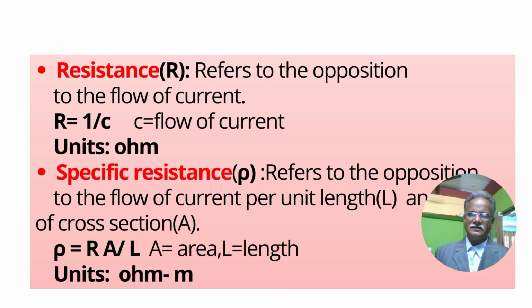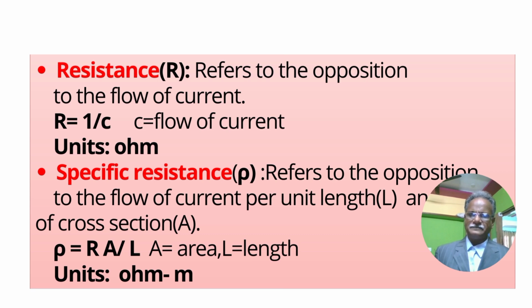That means reciprocal of flow of current. Mathematically, it can be represented as R is equal to 1 by C. We have to understand that R is equal to resistance, C is equal to flow of current.